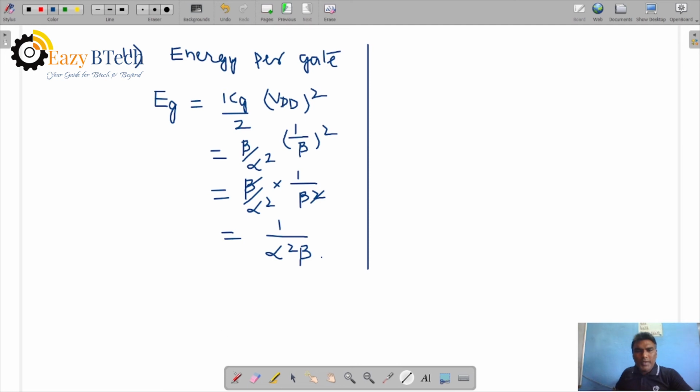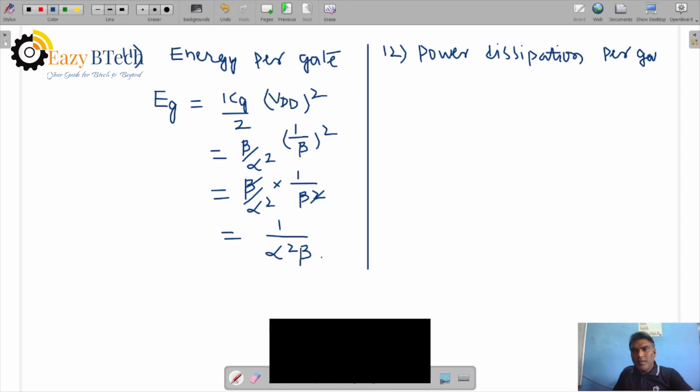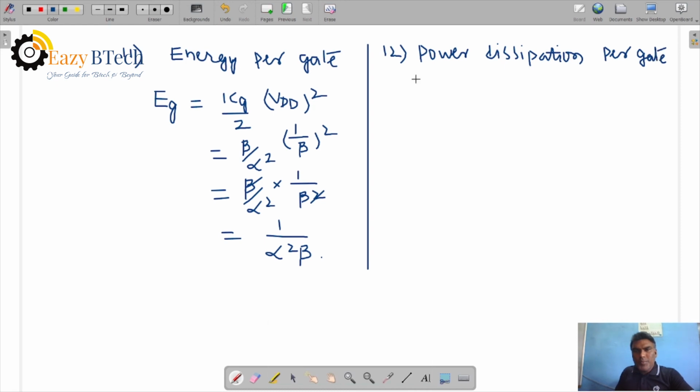Let us see the other one. Power dissipation per gate. It is PG.